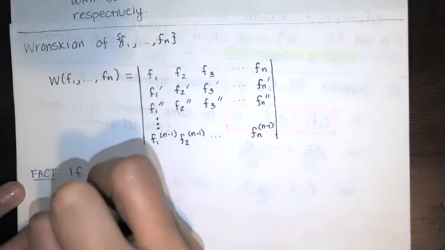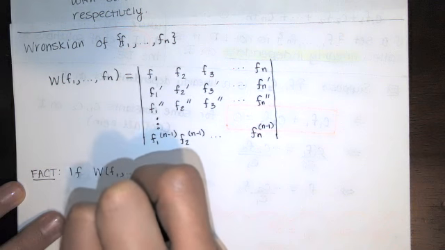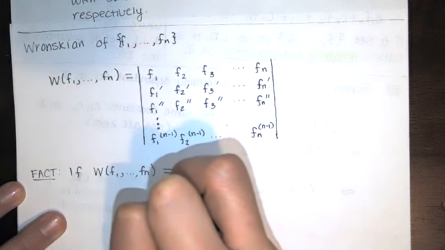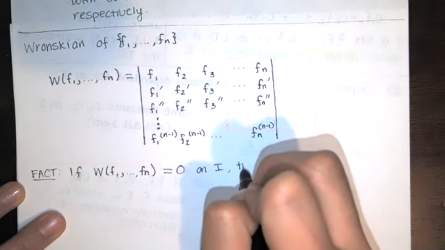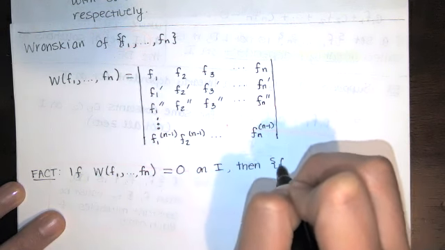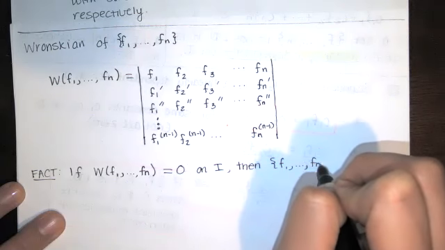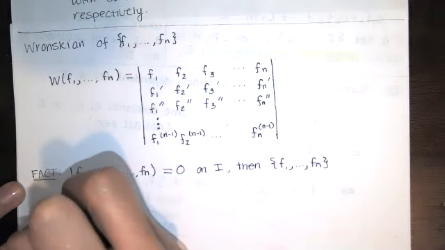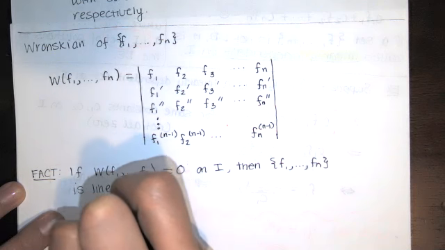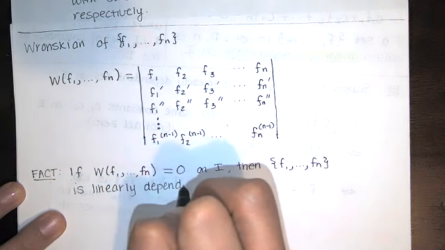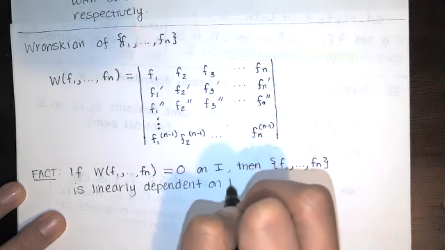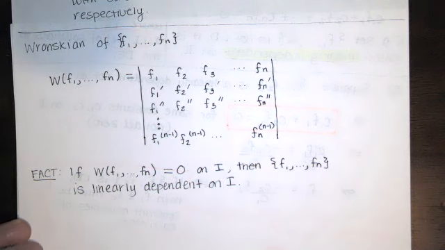If the Wronskian of a set of functions is equal to 0 on an interval I, then that set is linearly dependent on I. It's a linearly dependent set.